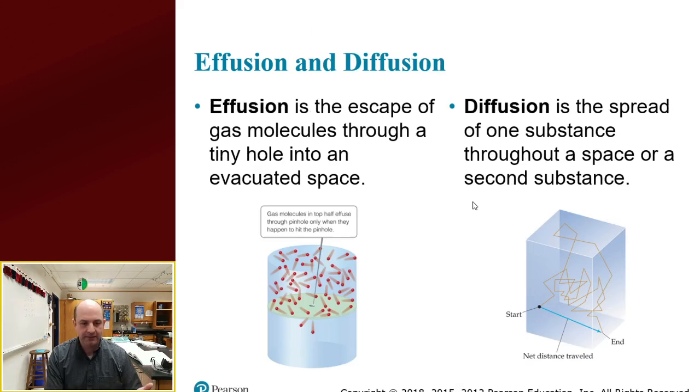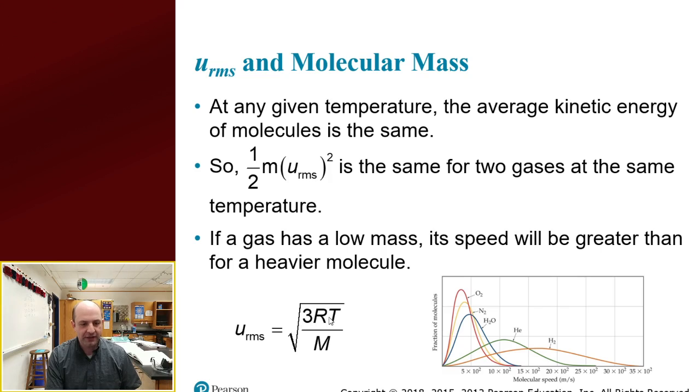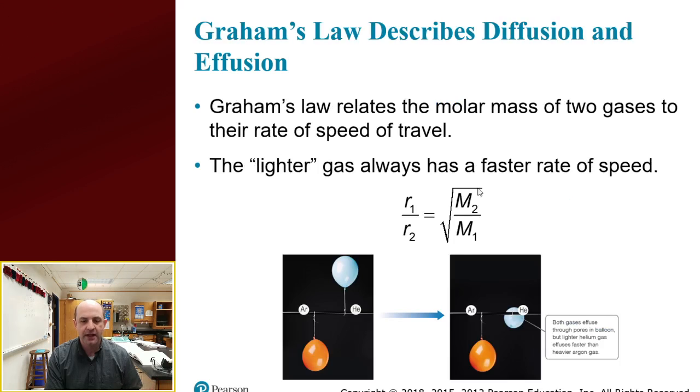Because if we go back here, the 3RT stays the same, only the molar mass will change for two different gases. That's why this simplifies to just the square root of those two different molar masses. So we can see here, helium is a much lighter molar mass. It will be moving faster. It will be able to escape through the holes faster. That balloon deflates quickly, while the argon balloon with a higher molar mass hasn't changed much at all.